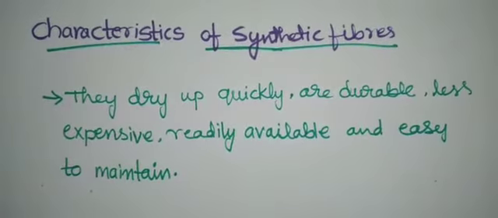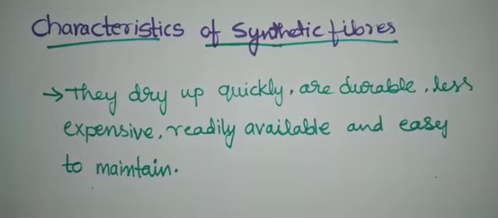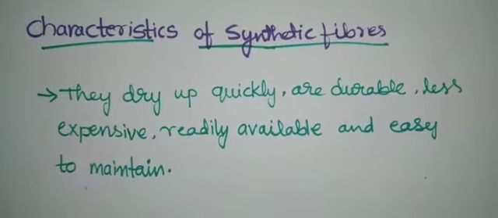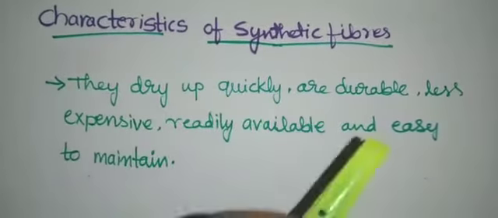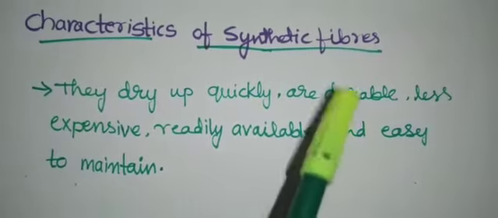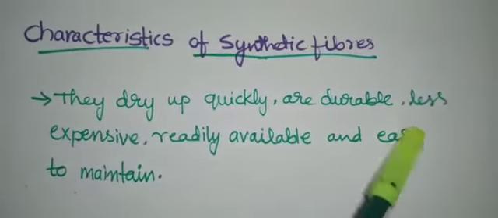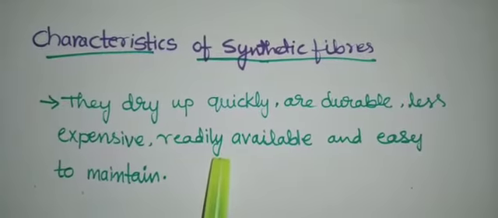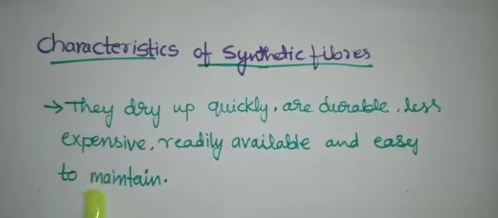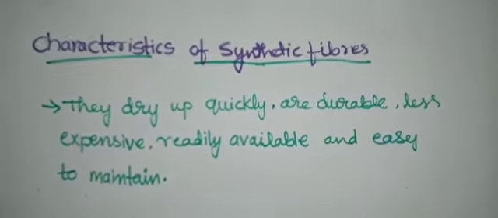Synthetic fibers possess unique characteristics which make them popular dress materials. They dry up very quickly, and they are durable, meaning long lasting. They are less expensive, readily available, and easy to maintain. These are the properties of synthetic fibers.